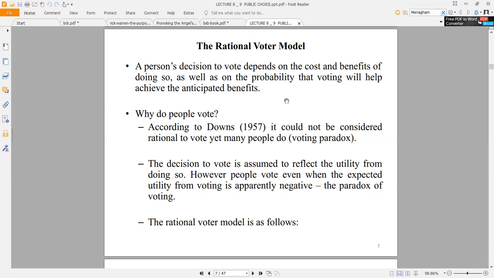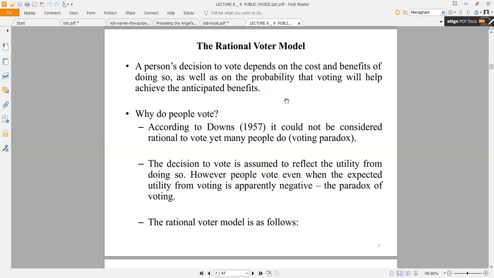Why? Now we all know that we engage in any activity because of the expected utility from that activity. If you take, for example, the consumption of a particular good, we consume because of the benefit, the utility that we get from the good, and we expect to get a positive utility from consuming it.